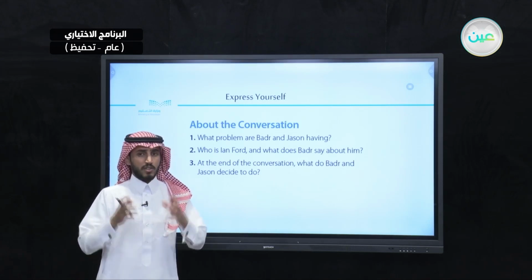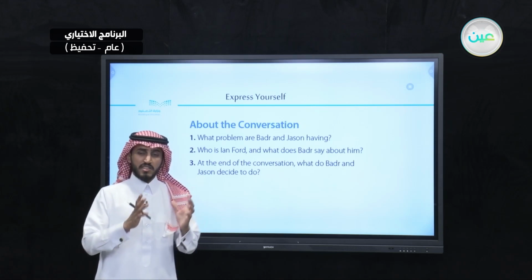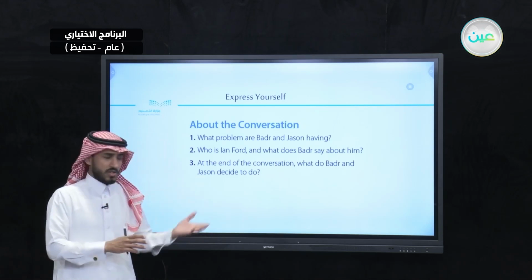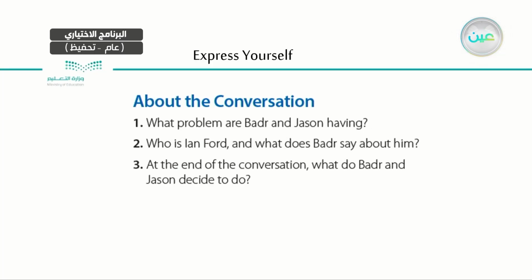We said that firstly we start with identifying the key words in the question. For example, number one, what problem are Badr and Jason having? So we are talking about a problem. This question talks about the situation in general. It doesn't talk about a specific thing. So it talks about the situation in general. What is the problem they are having?